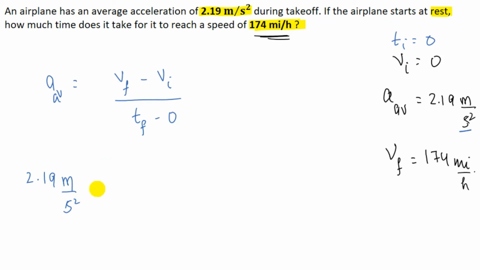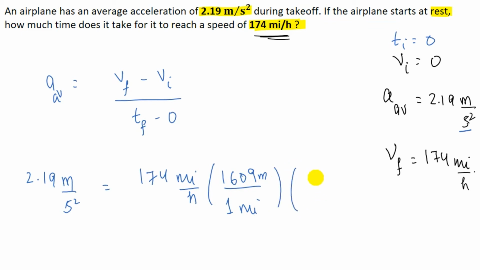Now the final velocity is 174 miles per hour. Now we're going to use the concept that we studied in unit conversion. We know that 1 mile is 1609 meter, and in 1 hour we have 3600 seconds.